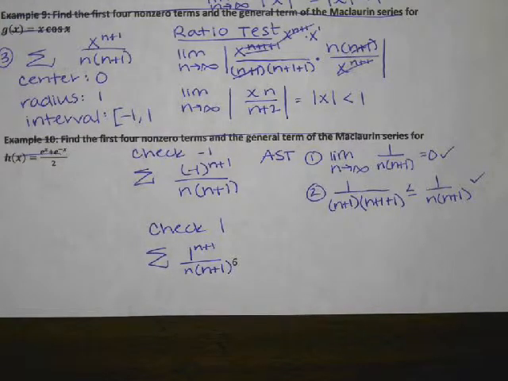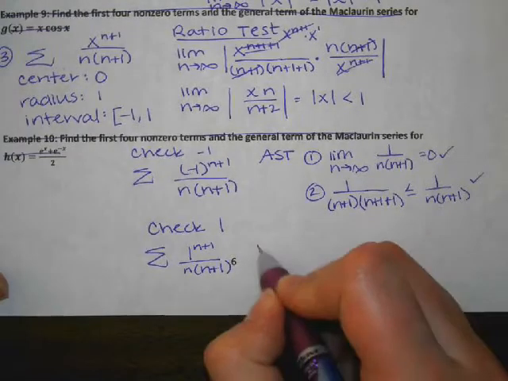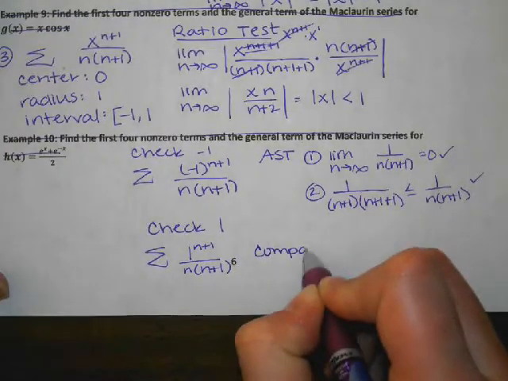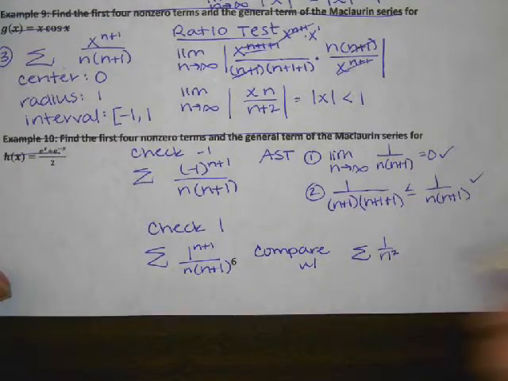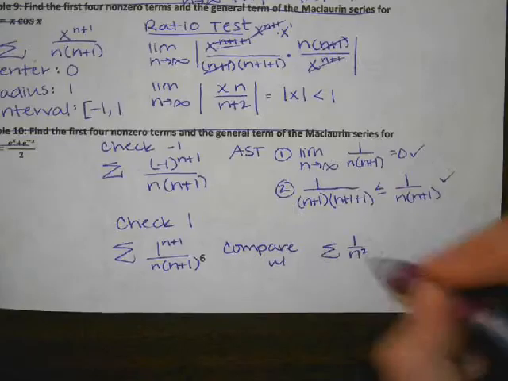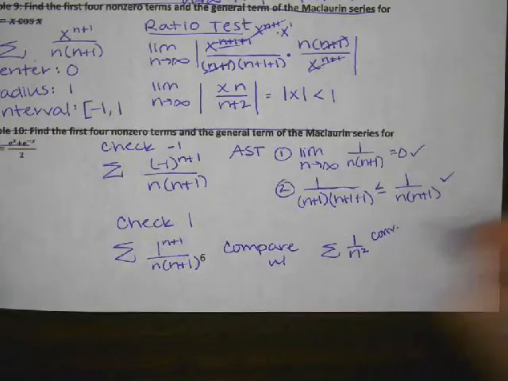If you multiplied it out, you'd have n squared plus n. So what type of test are we going to do? A comparison with a p-series. Okay? So I'm going to compare this with what? 1 over n squared, which is a p-series, where the p equals 2. And so we're comparing it with something that converges.